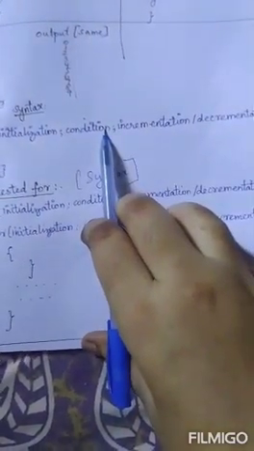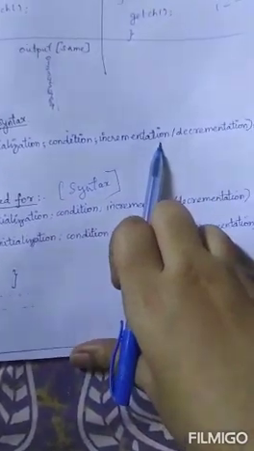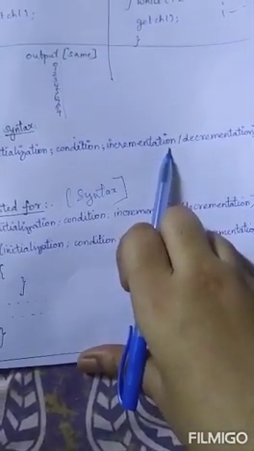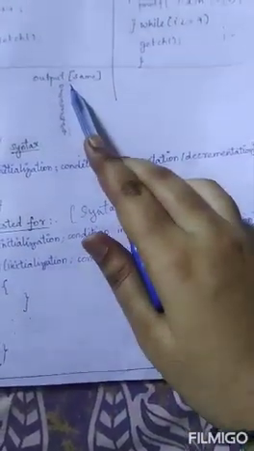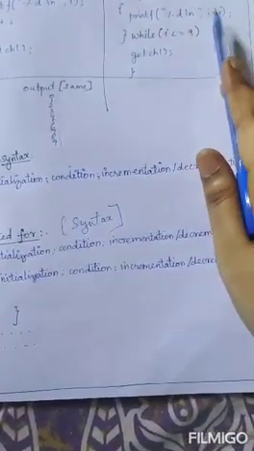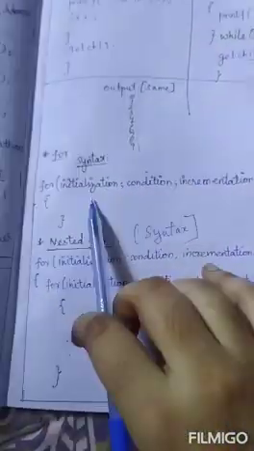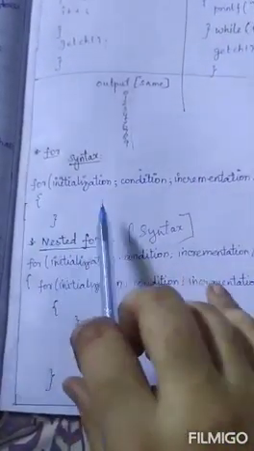The condition is given inside the bracket. Incrementation or decrementation is used to change the value of the variable during execution, as in the previous program where I incremented i plus plus. All these are included inside the for statement, and the statement is executed.